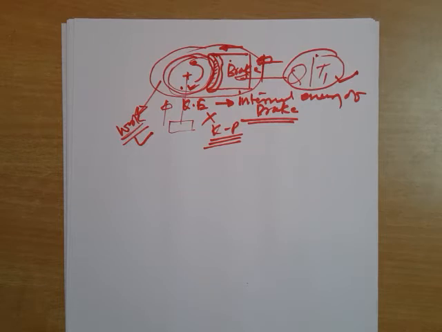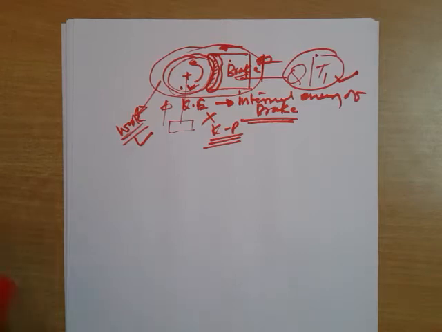The first one is that the gradients of anything, whether it is temperature or pressure or anything, have to be infinitely small for the process to be reversible. And the second, very important thing is that the dissipative effect should not be there. Friction should be completely absent.